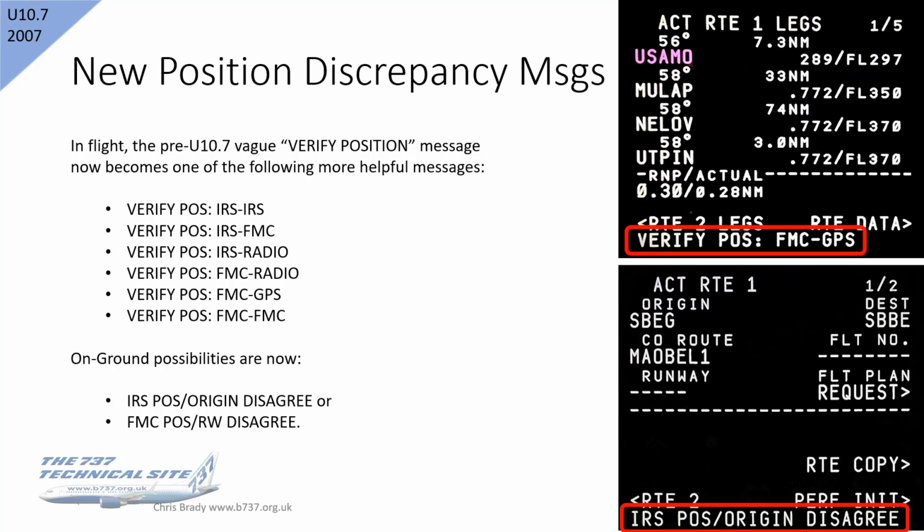So now it actually specifies VERIFY POSITION IRS, or IRS FMC, or IRS RADIO, depending on where the error is thought to be. On the ground, possibilities, we've now got IRS POSITION ORIGIN DISAGREE or FMC POSITION RUNWAY DISAGREE, and it basically enables us to troubleshoot more effectively what the problem could be.